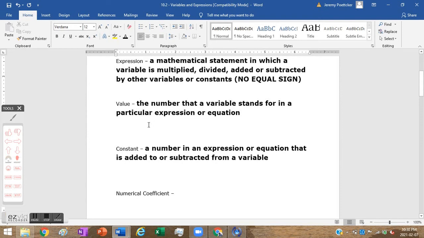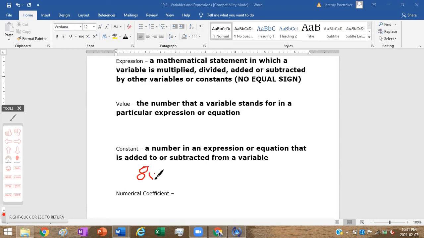All right, so giving you an expression here, 8y plus 3. Well, this number 3, that is the constant. Right? It will not change.